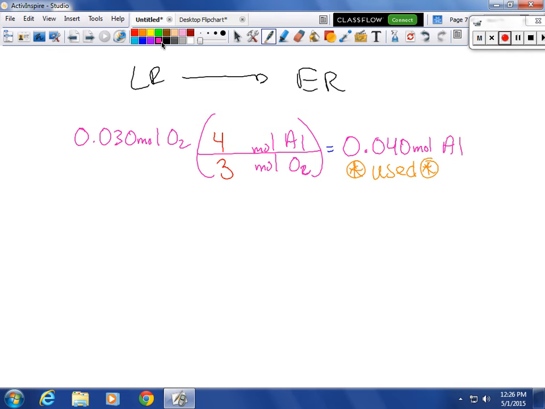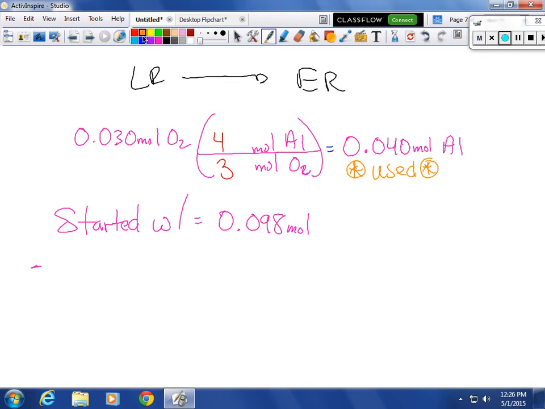All right, so started with minus, so how much did I start with of aluminum? Okay, 0.098, right?